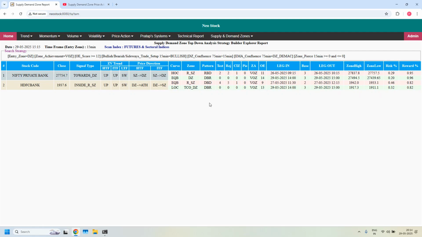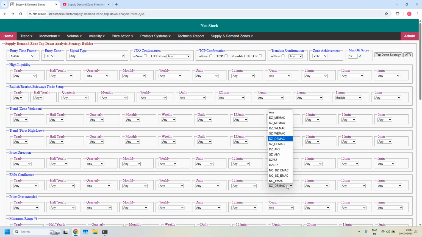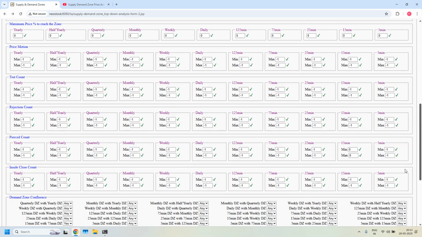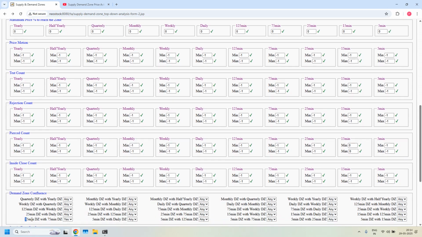Next, we will look into LTF, ITF and even HTF demand zone confluence supported stocks. Removing the EMA filter. In the demand zone confluence, we have to set three filters. The first one is already enabled. Next, 15 minutes on daily and 75 minutes on daily demand zone confluence.